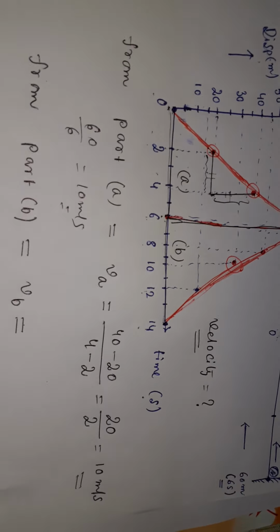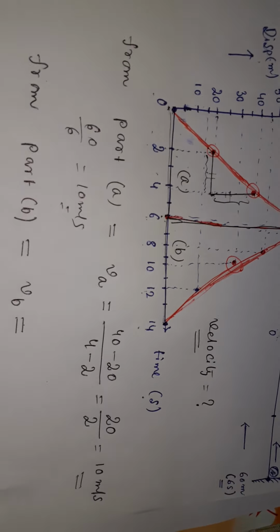What is the total height of this? Definitely 60. And what is the total time taken here? First of all, in this case you will definitely get negative because the velocity is decreasing, so that's why I have taken negative here. Time is how much? Here 6, here 14.